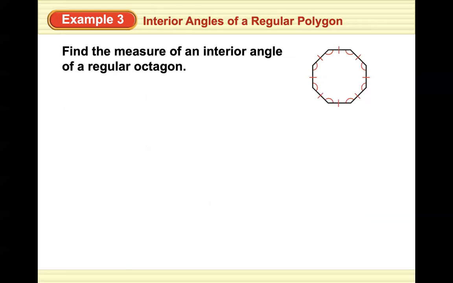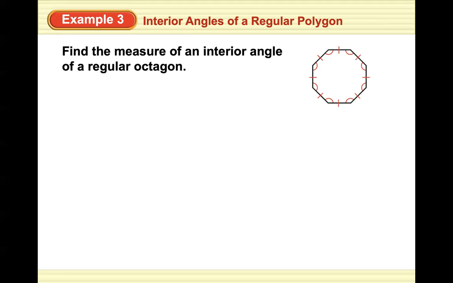Now, today we're going to talk about a regular, say, octagon or a regular polygon. We talked a little bit about regular the other day. Regular means all of the sides are congruent and all of the angles are congruent. So if we have an octagon here and we want to find the measure of one interior angle, and it is a regular octagon, I know all of these angles are the same.